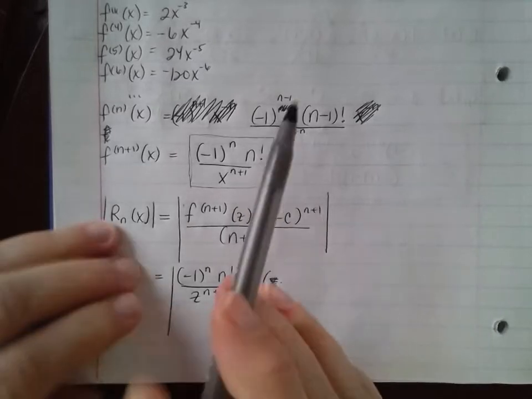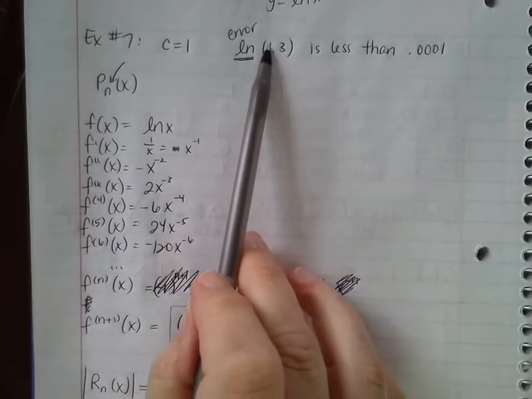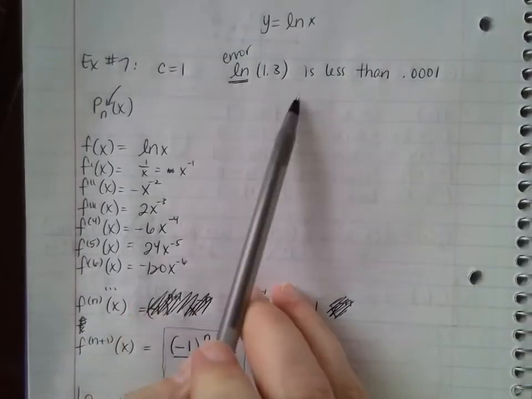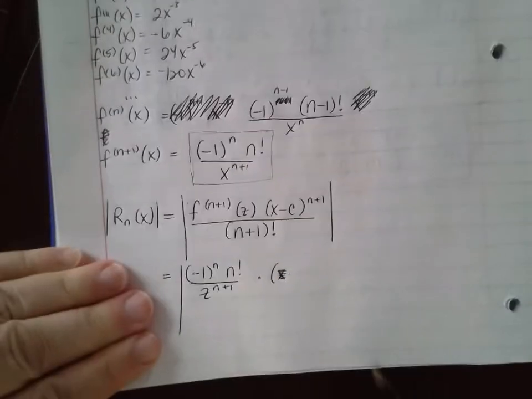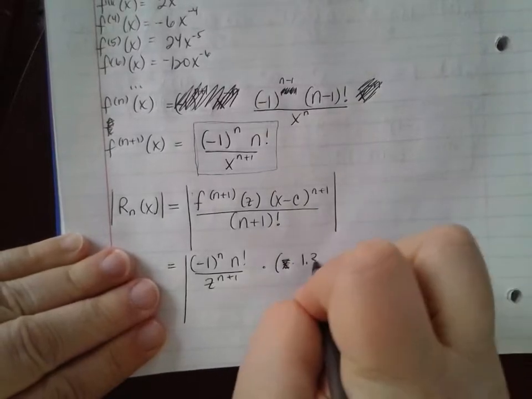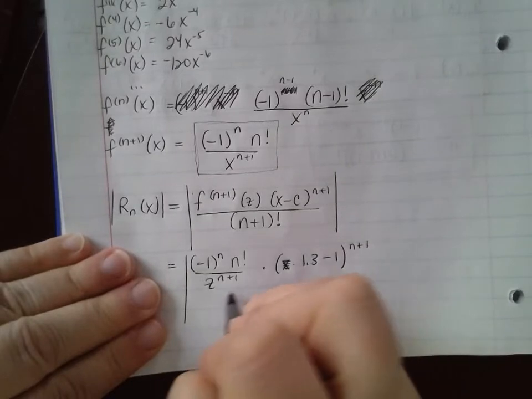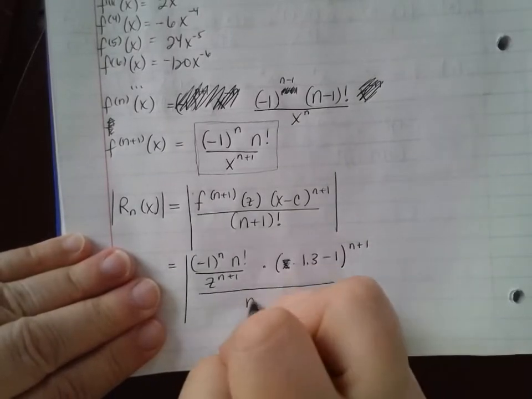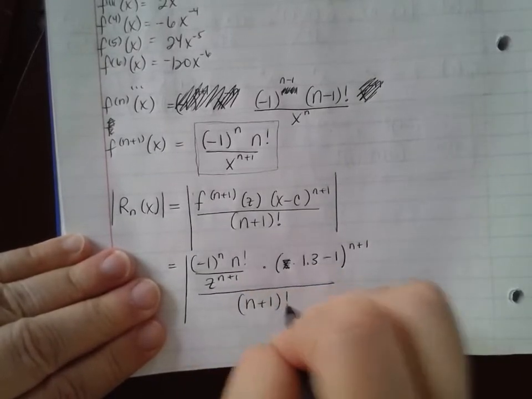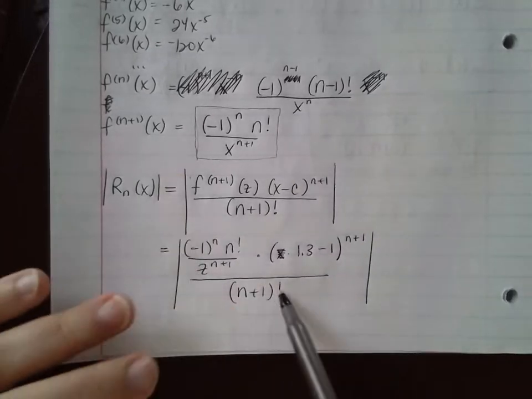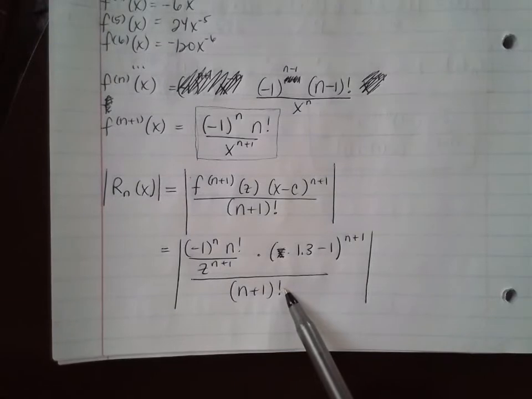Well, the original problem is asking to find the error from 1.3 to the point that we're centered around. There's my c value, so that's my x value. Okay? This is equivalent to the error for this Taylor polynomial.